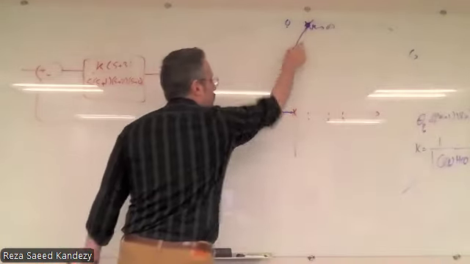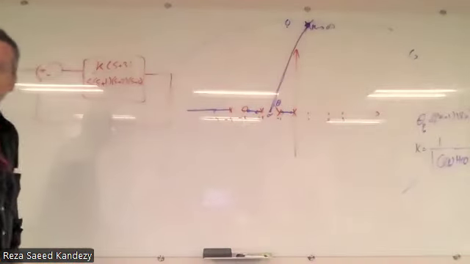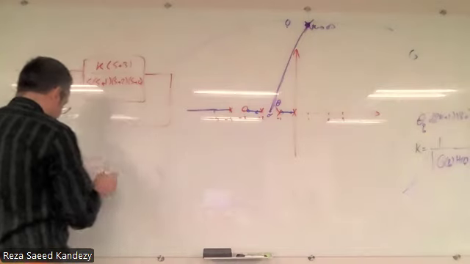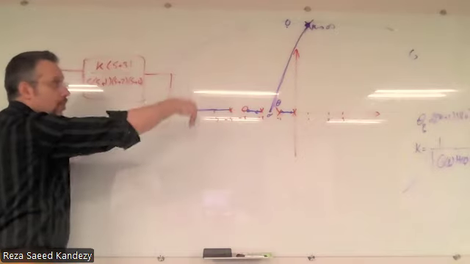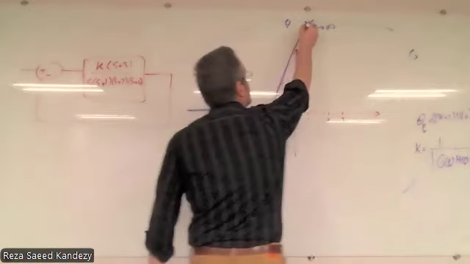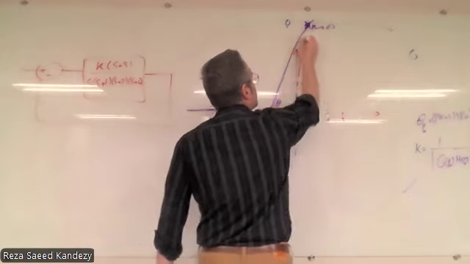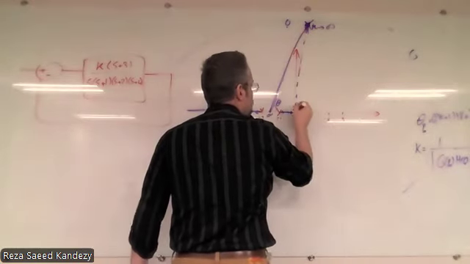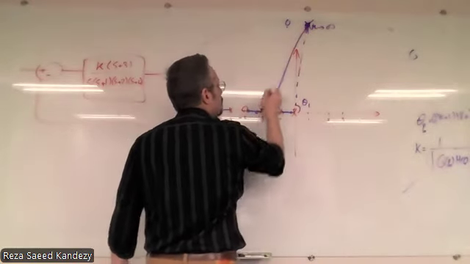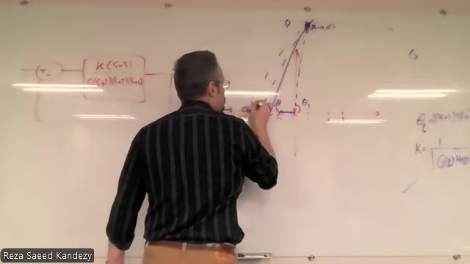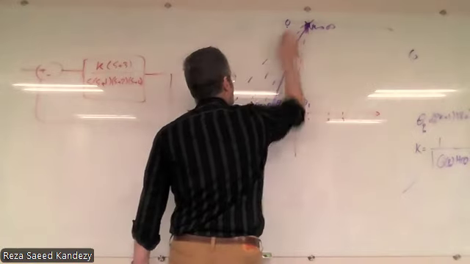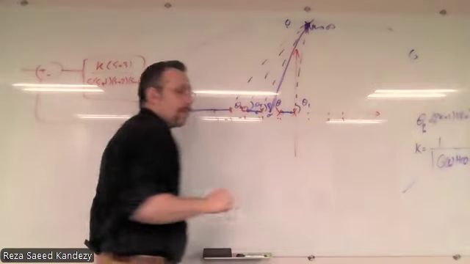The theta here is going to be the summation of, you see, this is the point. We had a vector from this pole to that point, which has theta 1, a vector from this pole, theta 2, this zero, theta 3, this zero, theta 4.